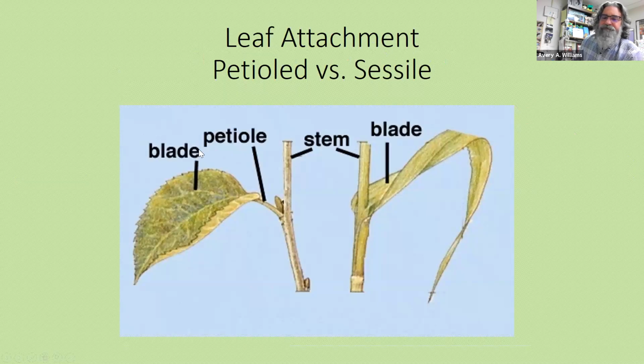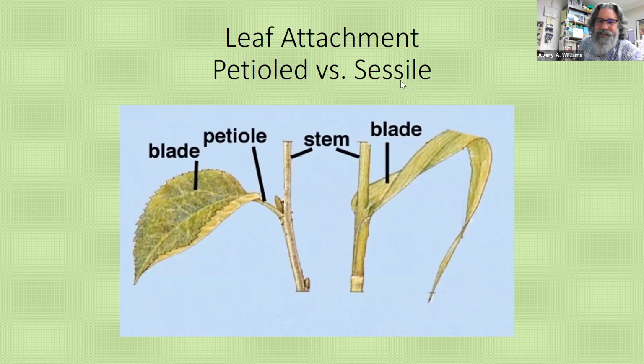Now, when we start to change things up a little bit, we'll talk about leaf attachment. There's two forms of leaf attachment that we recognize: petioled leaves and sessile leaves. Petioled leaves, if you see this, is basically just a leaf that has a petiole. You know, here's the blade or the lamina, and then the petiole attaches to what would be the leaf scar or your axillary bud, right?